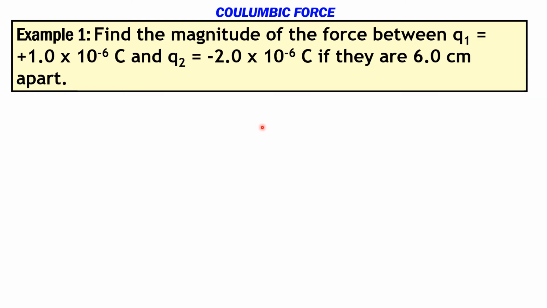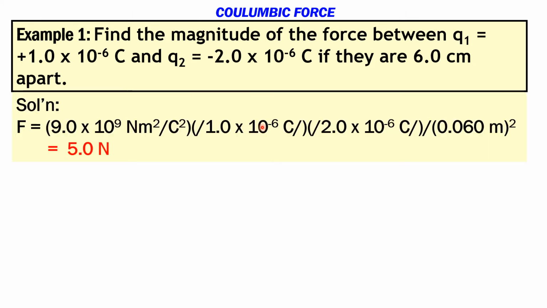So this is just a straightforward example of applying the formula shown earlier, which is F is equal to K multiplied by the absolute value of Q1 times the absolute value of Q2 divided by r squared.